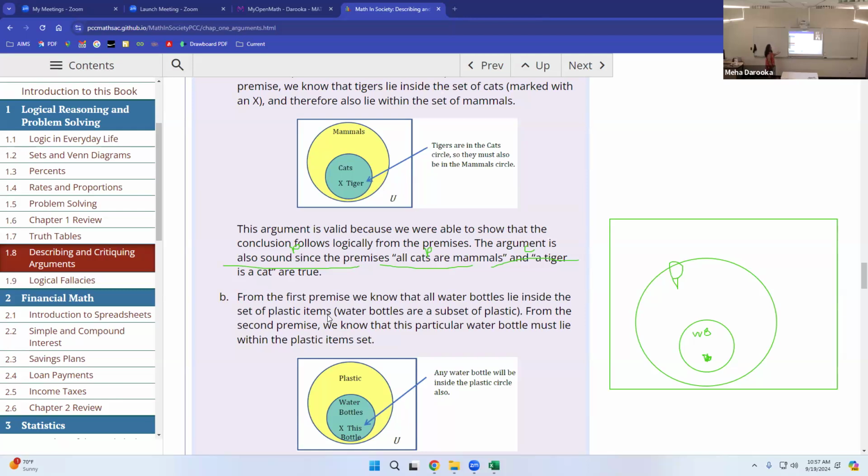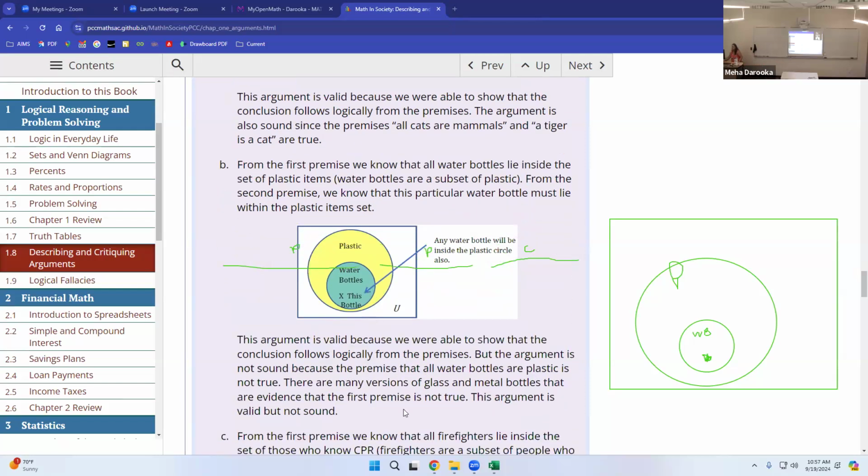Since all water bottles are plastic, we take the bigger circle of plastic, put the water bottles in that, and since the second premise said this is a water bottle, it had to go inside the water bottle circle. So by that premise, your conclusion that this water bottle has to be plastic follows through on that argument. This would also be a valid argument, like our first one with cats and mammals, because we were able to show logically that this follows.